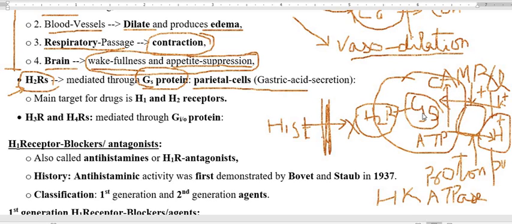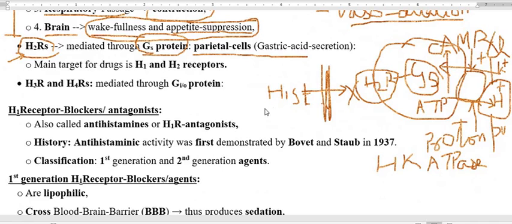Therefore, H2 receptor antagonists or blockers are used as antacids, or may be used to treat peptic ulcer. So this is very, very important. However, the next receptors are histamine 3 and histamine 4 receptors.